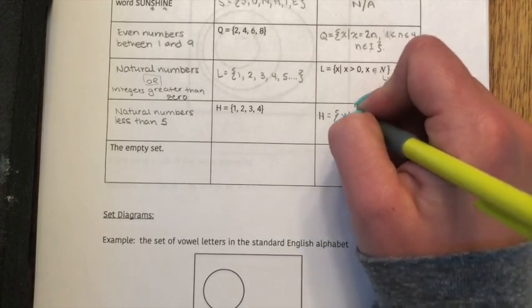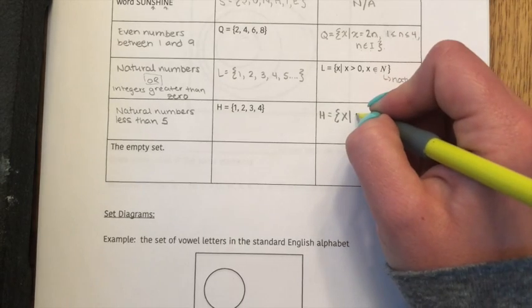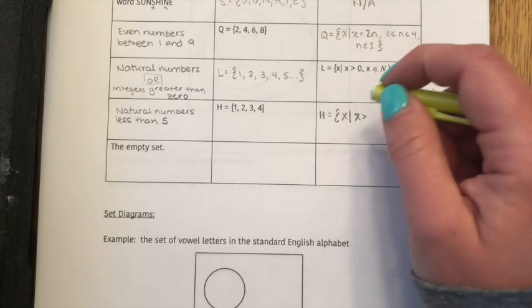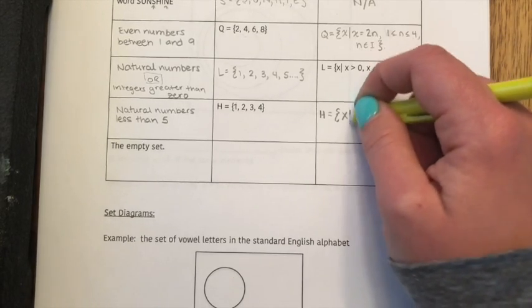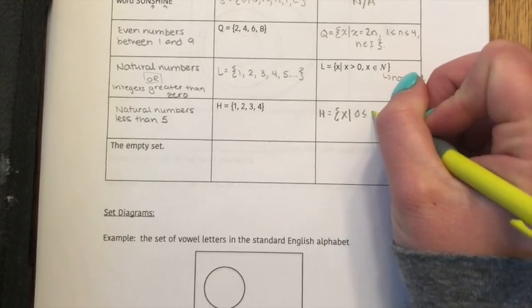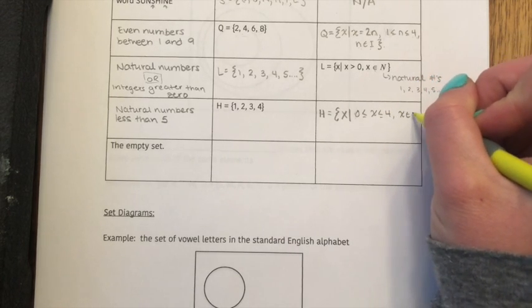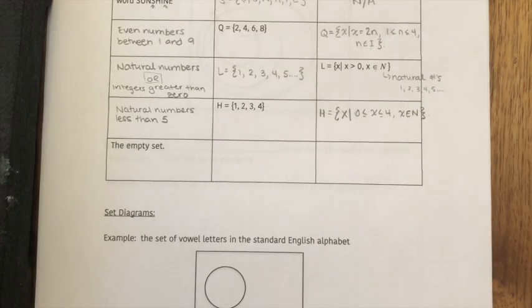Okay, for set builder, because it's called H here, I'm going to call it H again. This is x such that, so x has to be, let's do this, x has to be between 0 and 4, and x has to be an element of natural numbers.